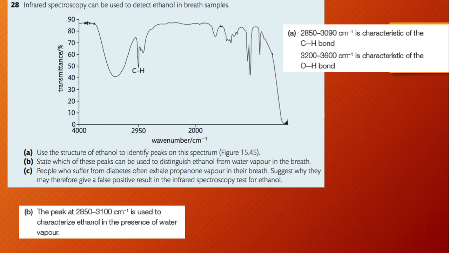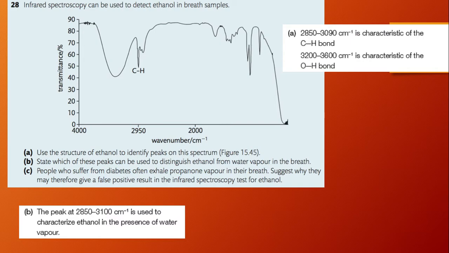Finally, letter C, people who suffer from diabetes often exhale propanone vapor in their breath. Suggest why they may therefore give a false positive result in the infrared spectroscopy test for ethanol. Well, we know propanone, if you can identify the functional group, the -one ending should tell you that it is a ketone.